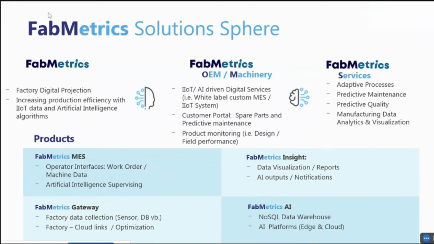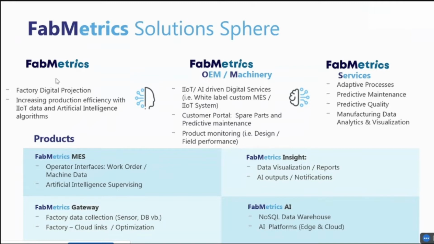Another solution sphere for us is Fabmetrics OEM machinery. As I explained, the service that we give over our product to factories can also be given by the OEM and machinery industry, and also by system integrators or service providers like Ska Technology, who is the topic of today's demo.